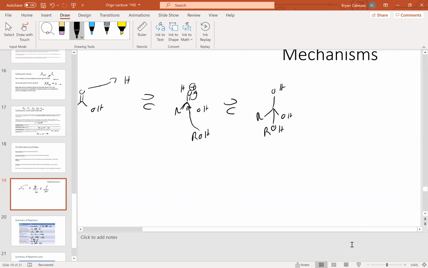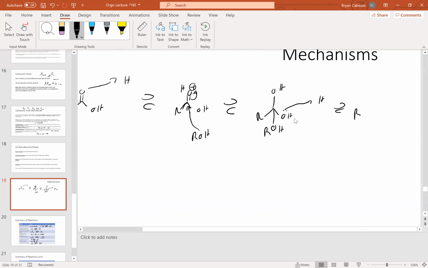After that, what we're going to have is the removal of one of those OHs, right? Because one of those OHs is just going to have to be removed in order to create our elimination reaction. So another acid is going to come through, another proton. It's going to be taken in by one of those OH groups.